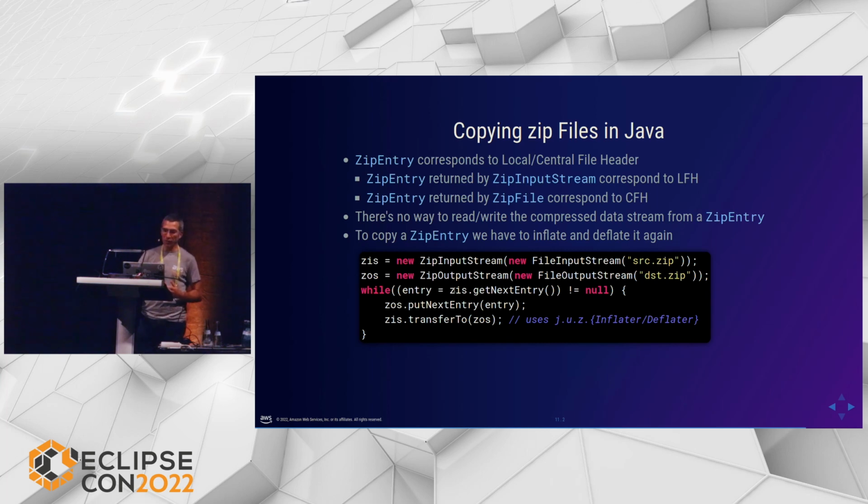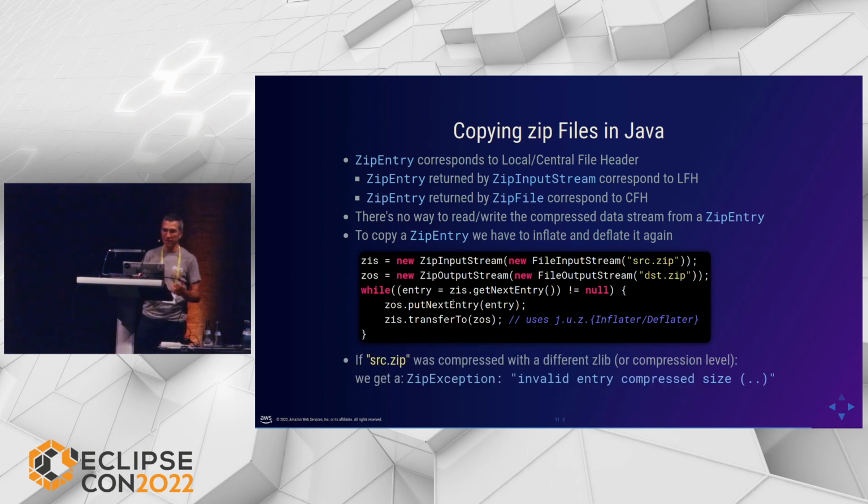But if you write the zip entry from the source file out to the out file, that contains the wrong compressed size, and this will lead to zip exception invalid compressed entry because there is an assertion in the file which checks that the compressed size recorded in a zip entry or in the local file header corresponds to what it actually generated.